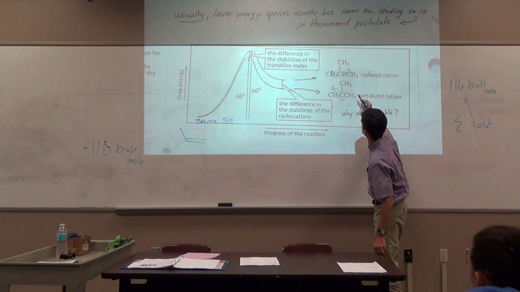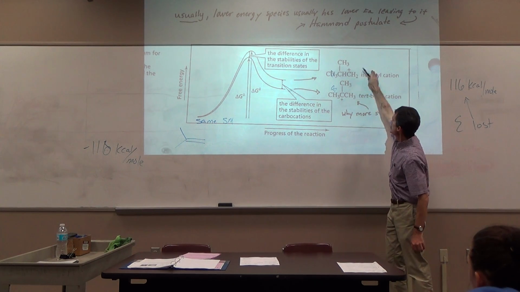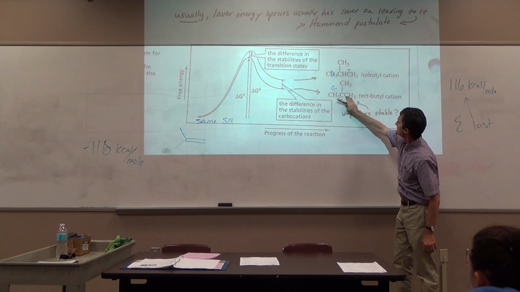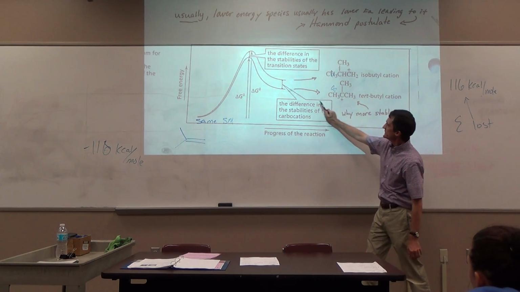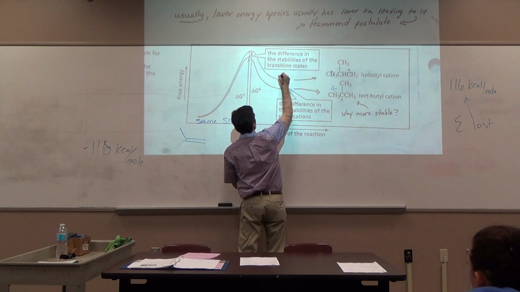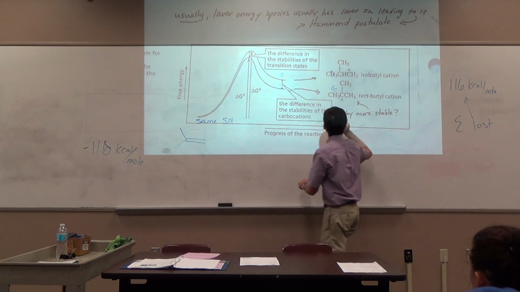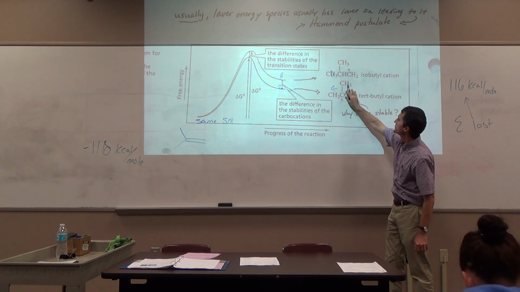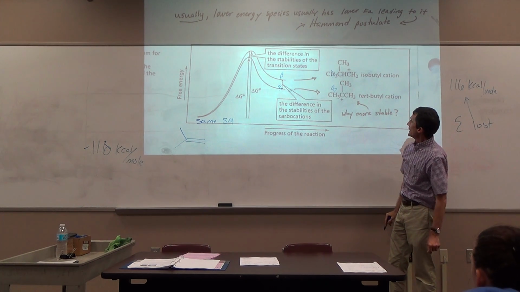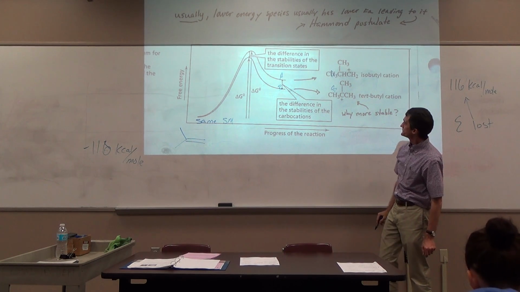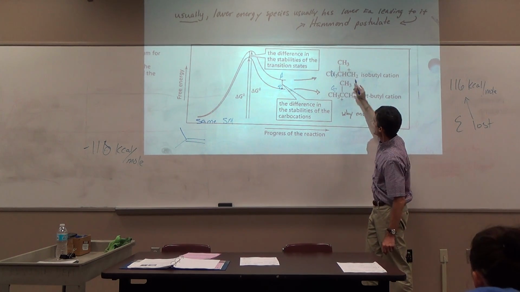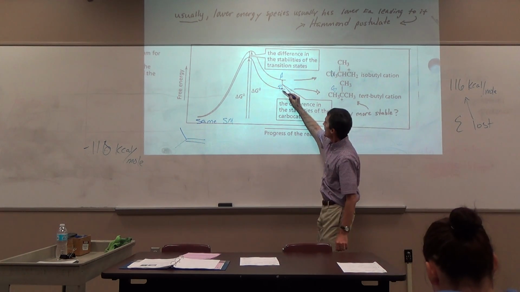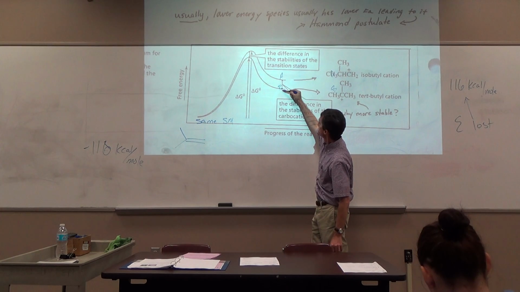A or B. First off, which intermediate is higher in energy, A or B? Well, you can tell from here, indeed this is A and this is B. A is higher energy, B is lower energy. We'll explain why. You should have a good prediction of that already. These are carbocation intermediates. We're going to be looking at this once we start reactions. All right, B is lower in energy, plotted here.